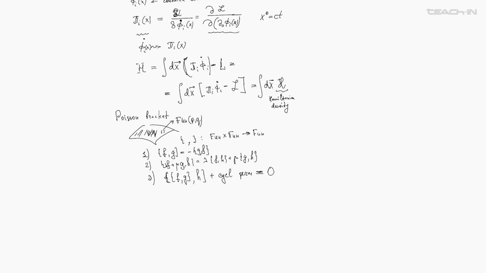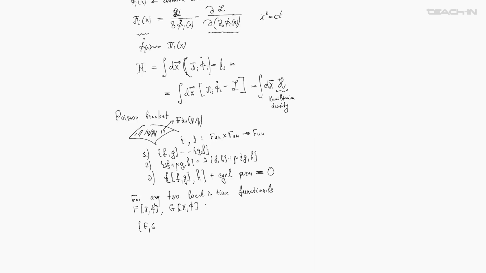Since we are dealing with fields, for any two local in time functionals, say f on p and phi, and g on p and phi, so two functionals depending on momenta and coordinates, in other words fields and their momenta, let's define the Poisson bracket as the following functional. The bracket of f and g is defined in the following way.